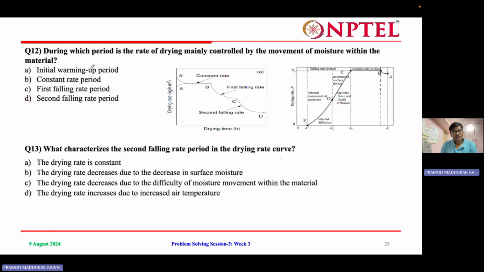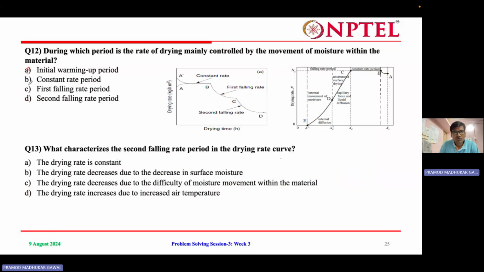Question 12. During which period is the rate of drying mainly controlled by the movement of the moisture within the material? So initial warming, this is not possible.